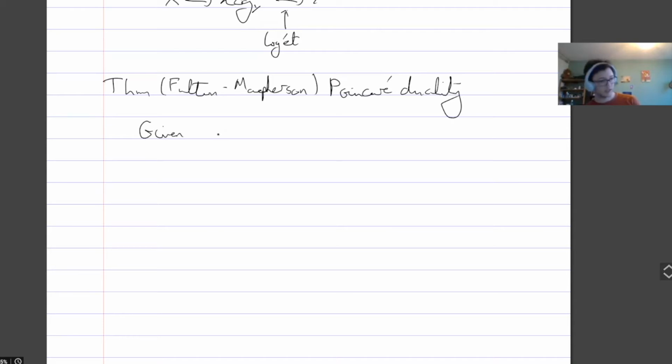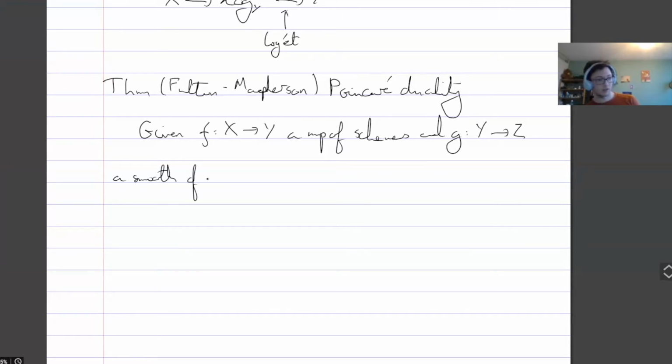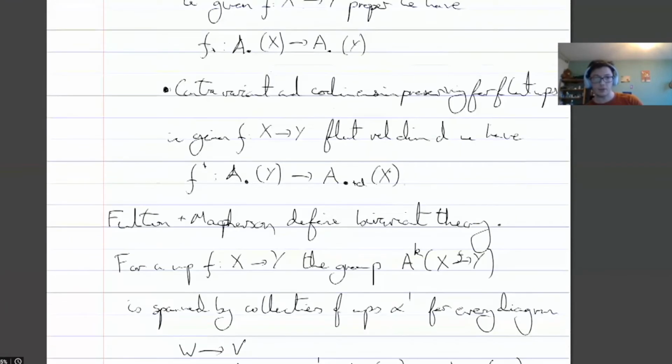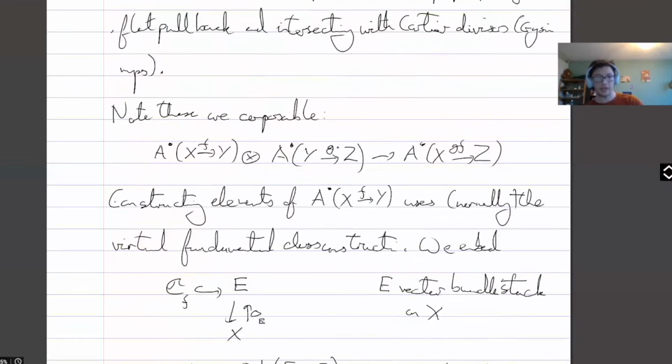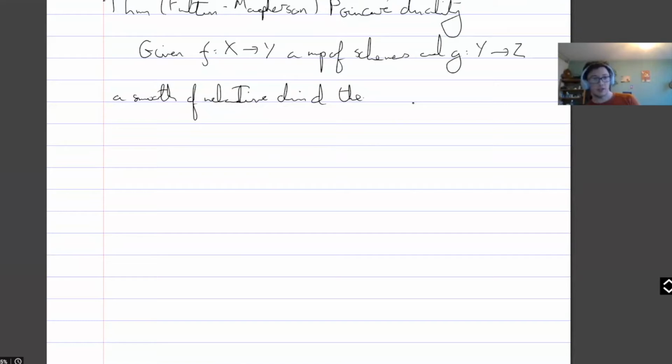What does it say? It says, given F, a map of schemes X to Y, and G, Y to Z, a smooth map of relative dimension D, then going back to this composition map that we had, there's a canonical element inside here, which is pullback along the flat map G. And the claim is that that map there is always an isomorphism.